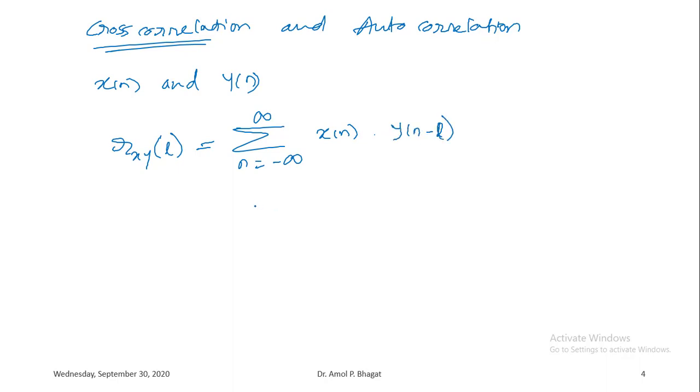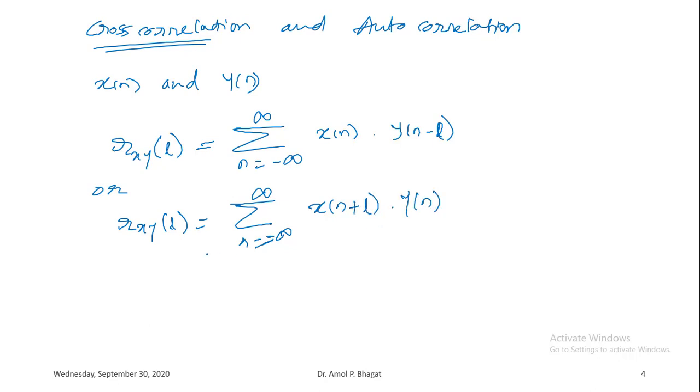Equivalently, rxy of l is summation n equals minus infinity to infinity x of n plus l into y of n, where small l is called the time shift or lag parameter.